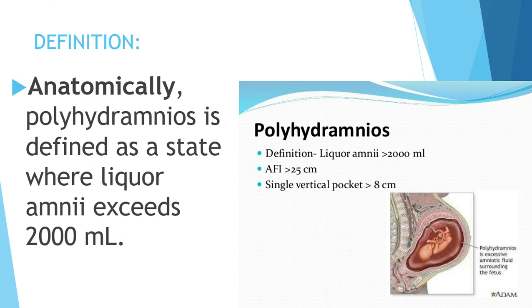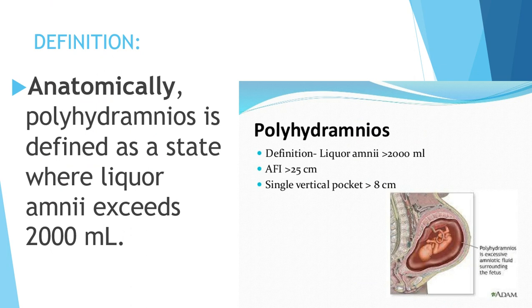we already studied in the previous class. AFI is more than 25 centimeter or a single vertical pocket is more than 8 centimeter. We already studied in the USG in the previous class that when we measure the AFI, we have to divide the uterus into 4 pockets and each pocket's measurement should be taken.